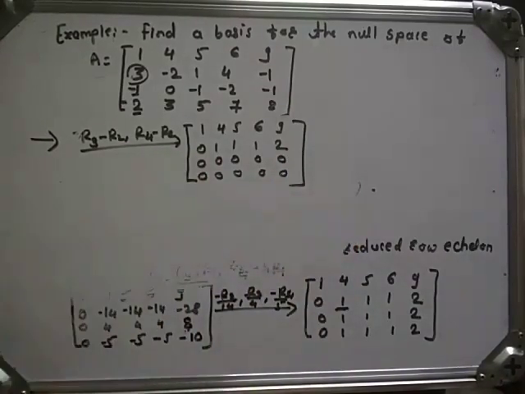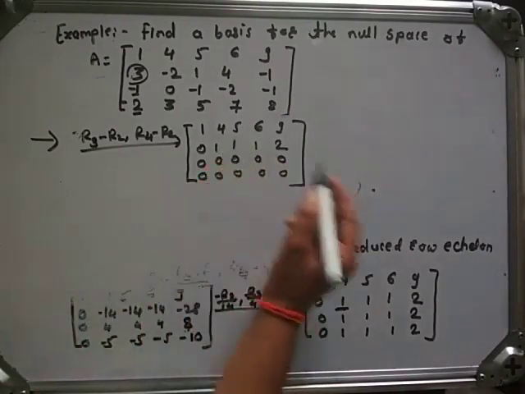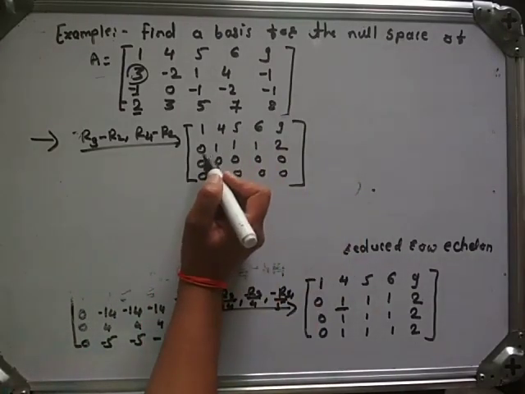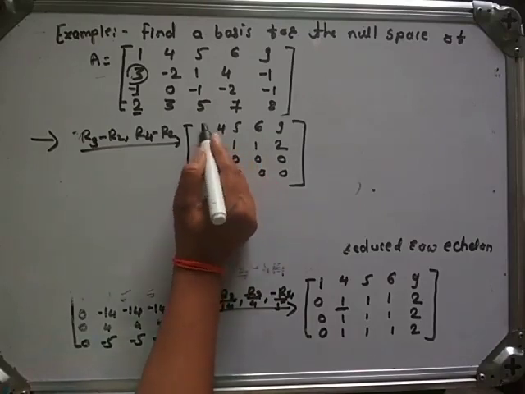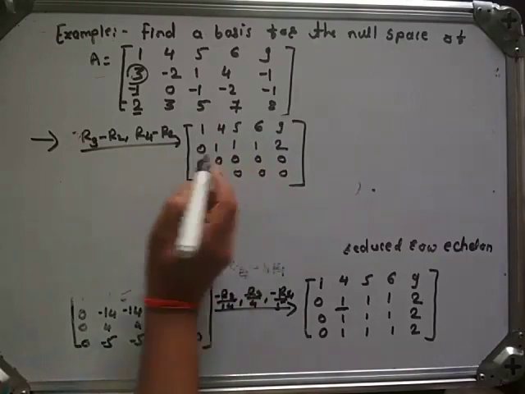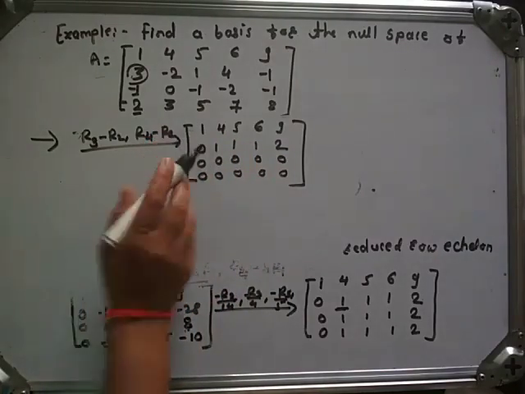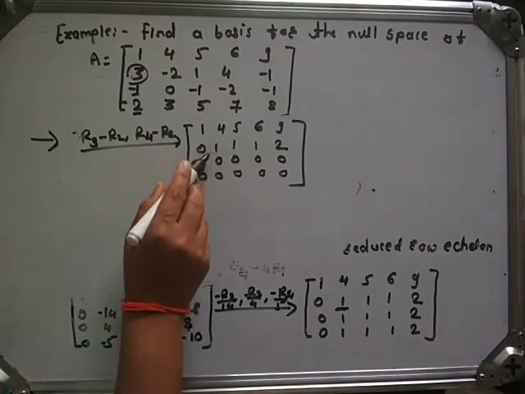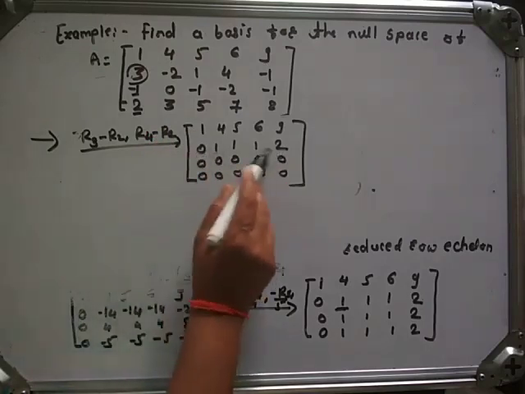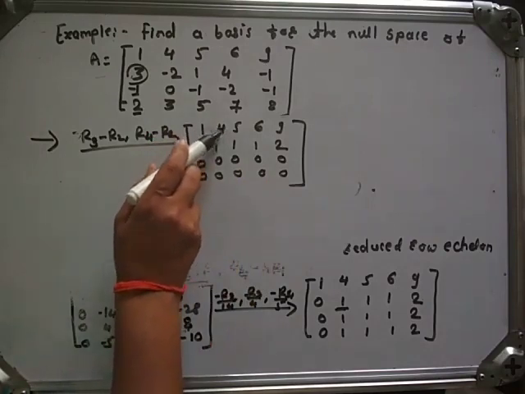Okay. This is a row echelon form, but we have to obtain the reduced row echelon form. For this, this is a leading one for this column, and this leading one is the only non-zero entry in this column. Also here this one is a leading one for this row, and so here we require 0.